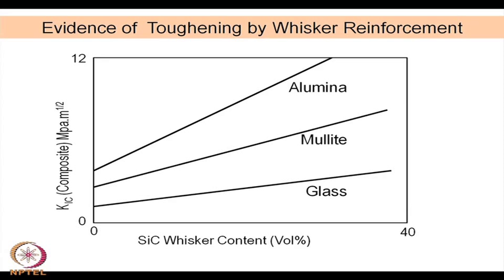For example, if you add silicon carbide whiskers in different volume percentages to different ceramics like alumina or mullite or some glass, okay, how the KIC value increases, and you can see the KIC value with the addition of whiskers, the toughness or the fracture toughness increases quite extensively.